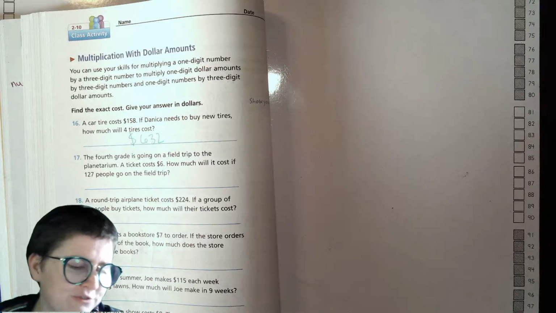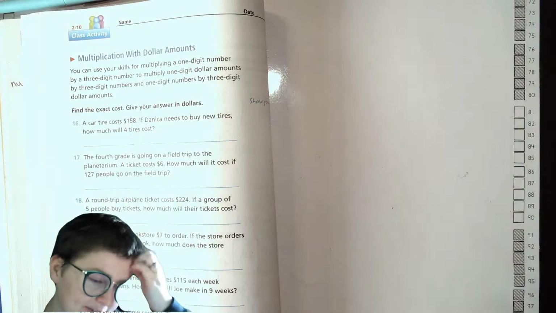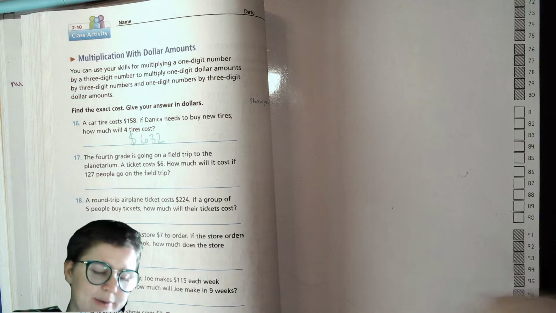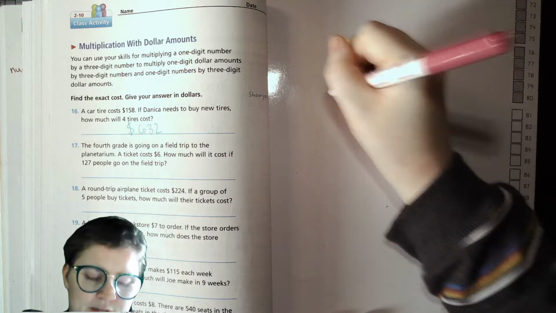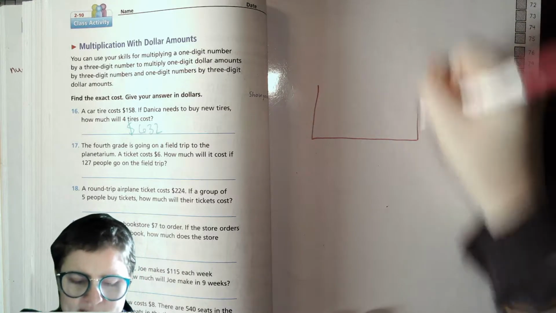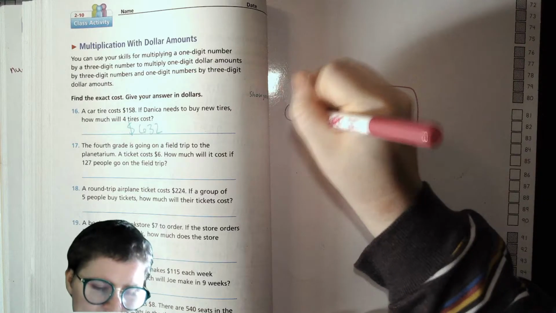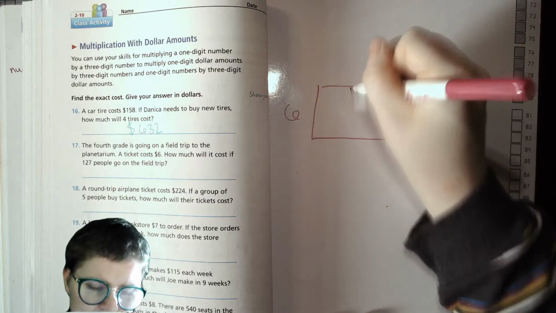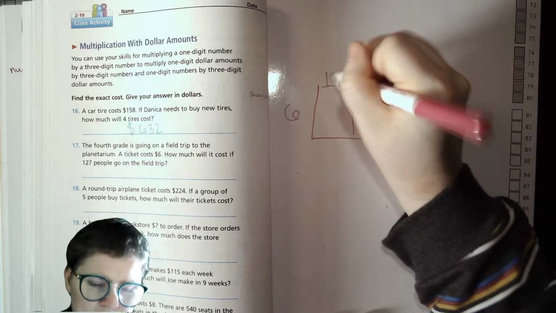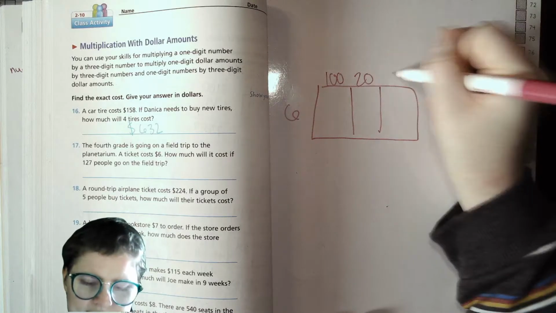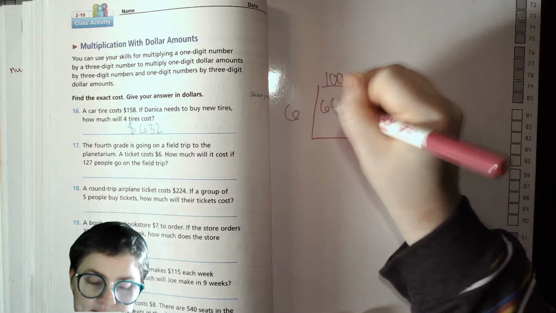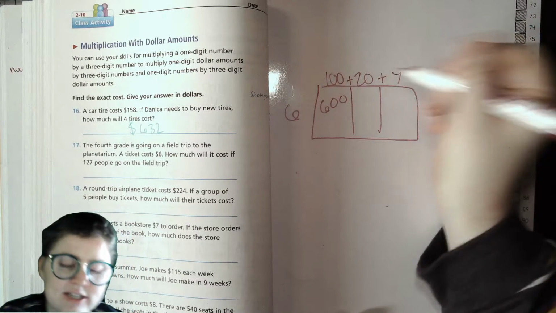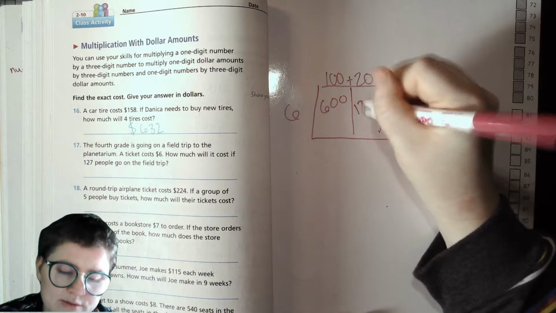Okay. The 4th grade is going on a field trip to the planetarium. How fun. A ticket costs $6. How much will it cost if 127 people go on the field trip? So make your rectangle 6 per ticket. 120 and 7. 6 times 1 is 6, so 600. 6 times 2 is 12, so 12 tens.